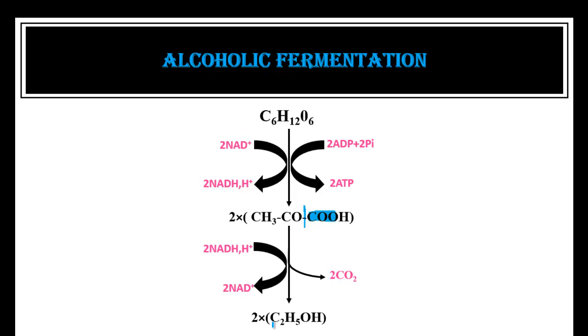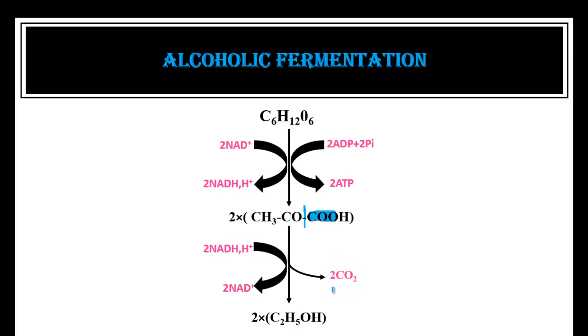So for alcoholic fermentation, we will end up with 2 ethanol molecules, 2 because we are going to produce from each pyruvic acid 1 ethanol molecule. In addition, we will have the releasing of 2 carbon dioxide in the environment.